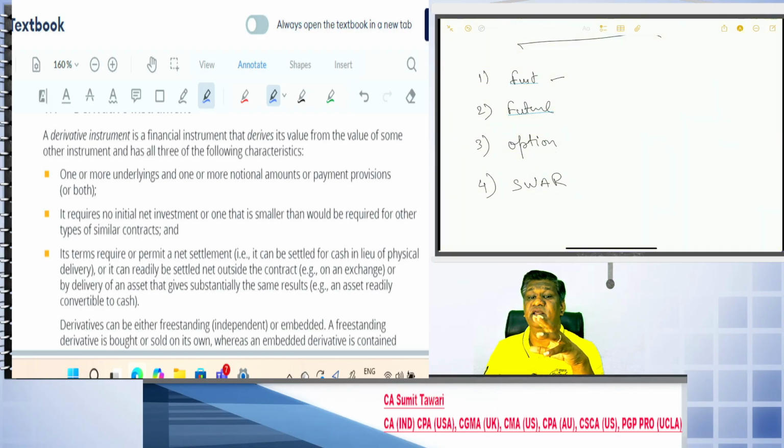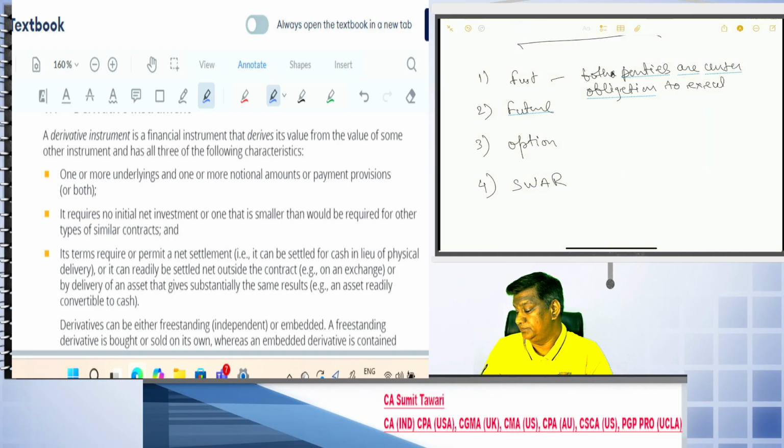It is basically a customized contract, but both parties are under obligation to execute their part. It is customized, not standard.